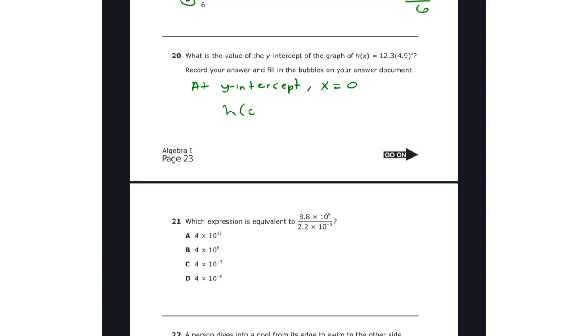So h of 0 is going to be 12.3 multiplied by 4.9 to the power of 0. And remember that any number, no matter how large or small, that has an exponent of 0 evaluates to 1. So that's 12.3 multiplied by 1. So this is going to be 12.3.